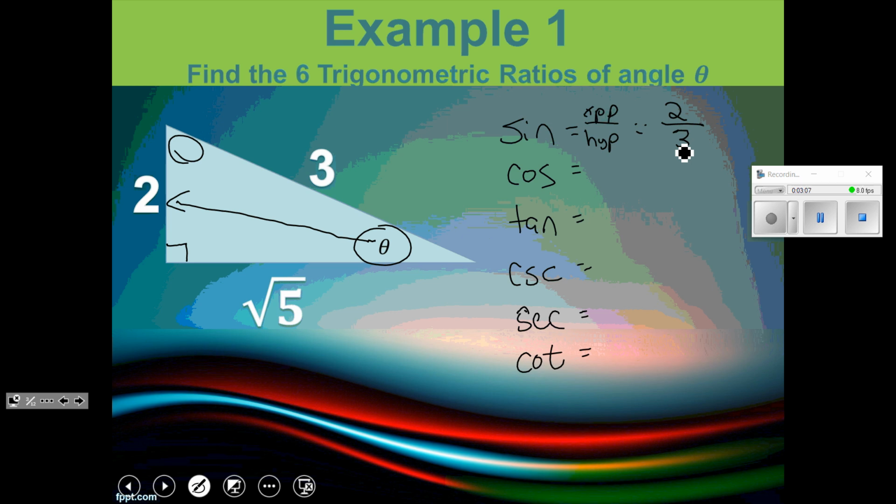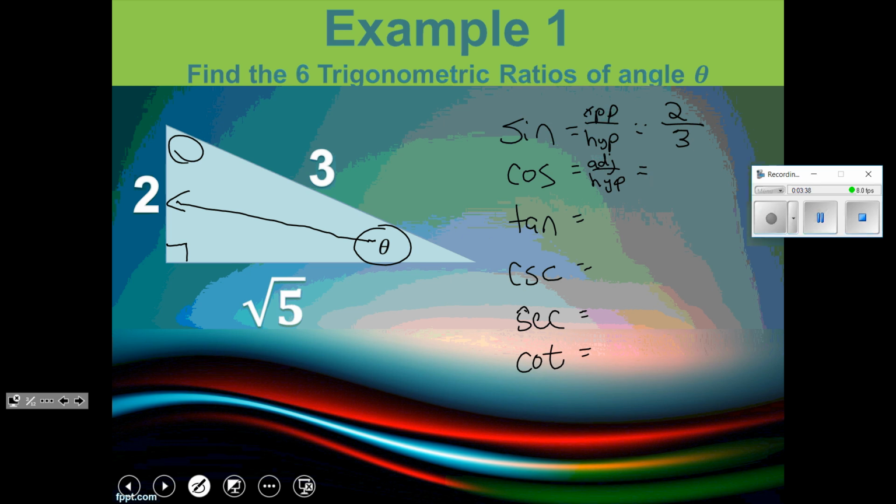How about our cosine? We know our cosine is equal to the adjacent over the hypotenuse. Adjacent means what? If you looked up the word adjacent in a dictionary, what would it mean? Like if I park adjacent to Andrea in the parking lot, it means beside.